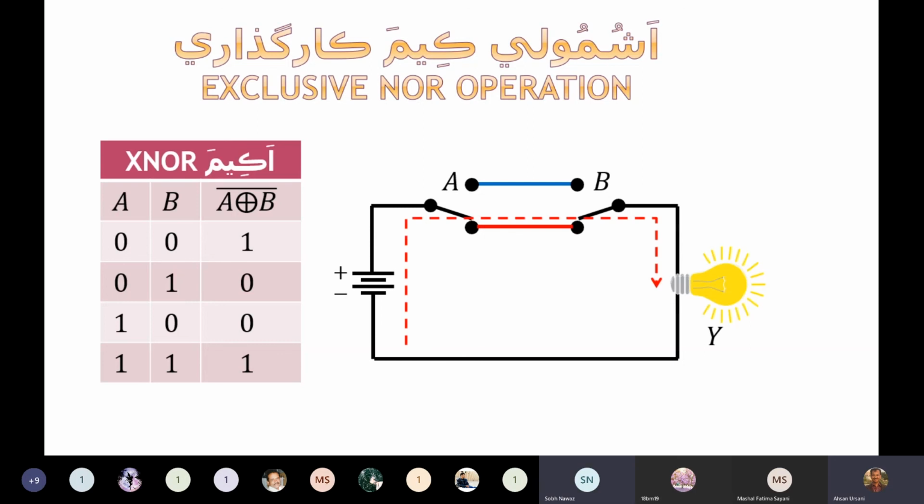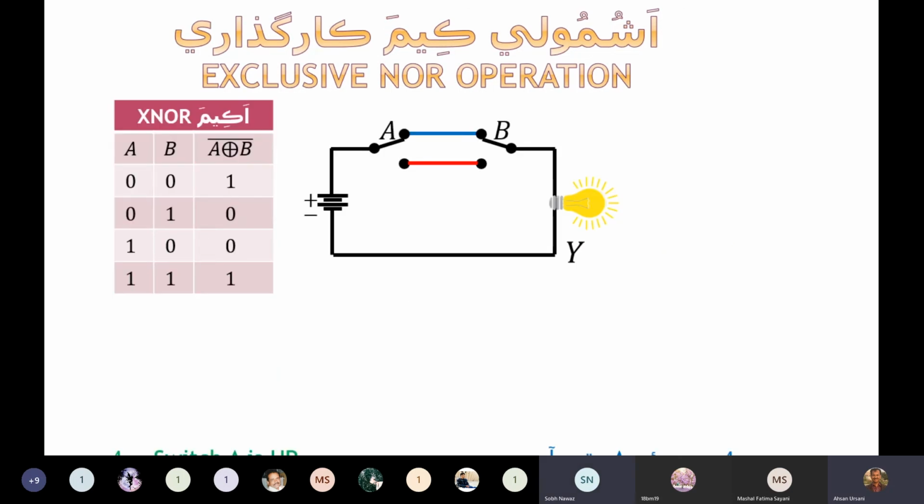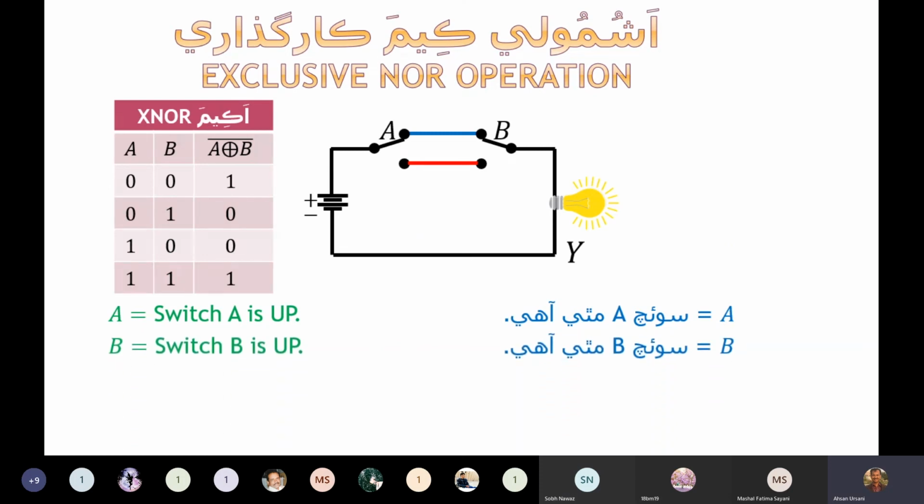If both are down, lamp is on. Here, current flows through the blue path. Here, current flows through the red path. So, if A represents switch A is up, B represents switch B is up, and Y represents lamp is on, what will be the relationship?